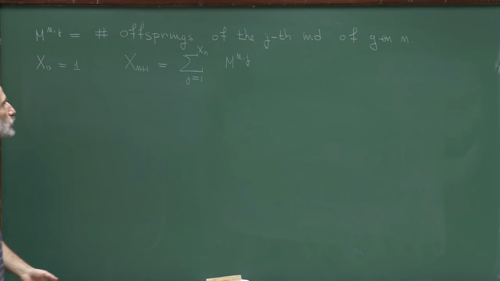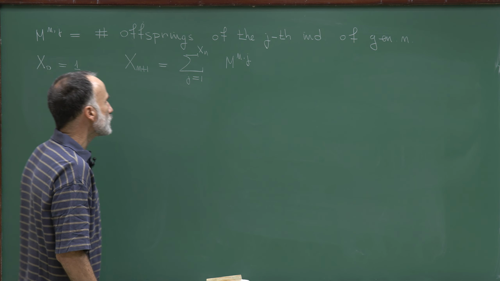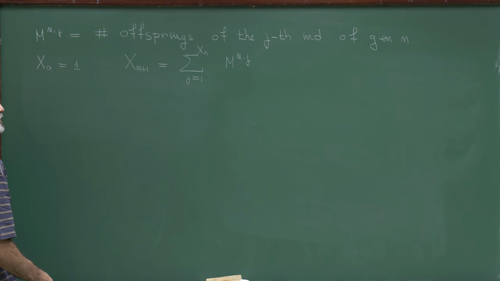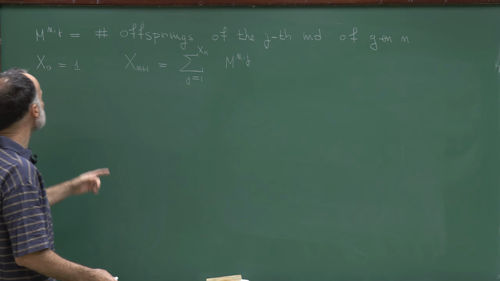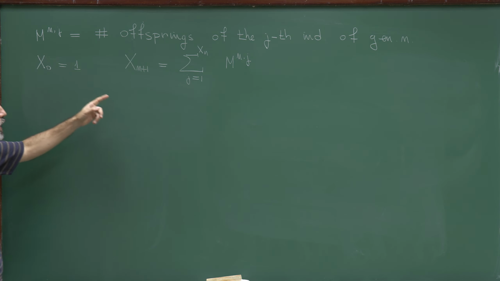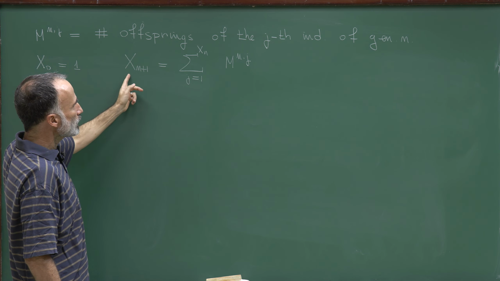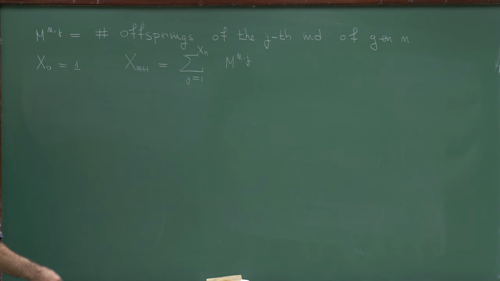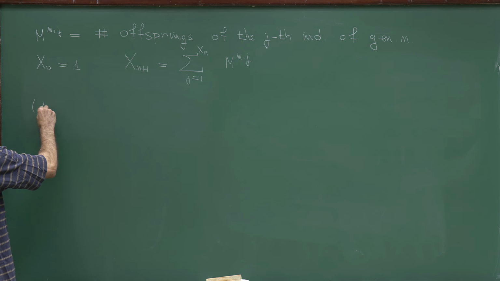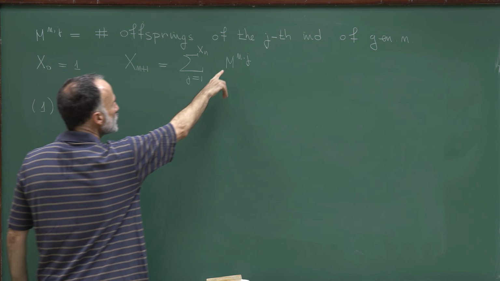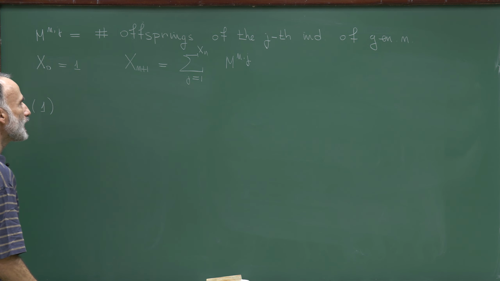And now we will state some hypotheses, some assumptions on these random variables m_{n,j}. You see that once I fix x0 to be 1, and once I fix these variables, I can define x_n for all n. So what are the assumptions? Well, the easiest model would be just to assume that these random variables are IID.